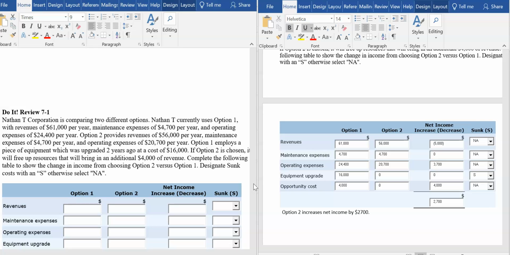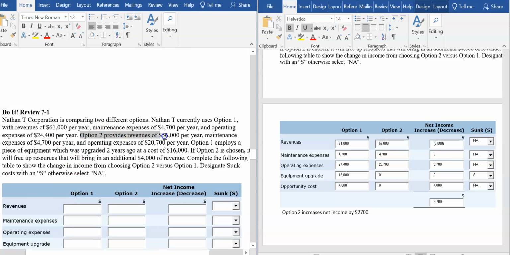Let's take a look at another example. Nathan is comparing two different options. They currently are using option one. Option one provides them revenues of $61,000 per year, maintenance expenses of $4,700 per year, and operating expenses of $24,400 per year.